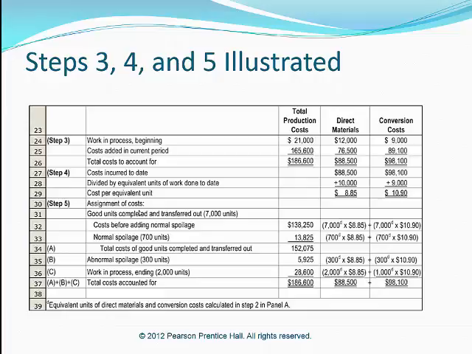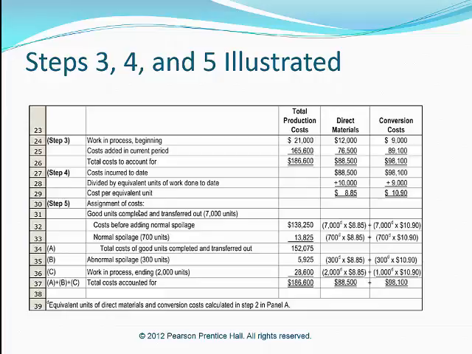Alright, so we had 7,000 equivalent units of direct materials and 7,000 equivalent units as to conversion cost for those 7,000 units completed and transferred out if you were to go back and look at step 2. So 7,000 times 885 equals a number that we could put in that box, and 7,000 times 1090 also equals a number that we could put into that box. If we add those two numbers together, we would get 138,250.